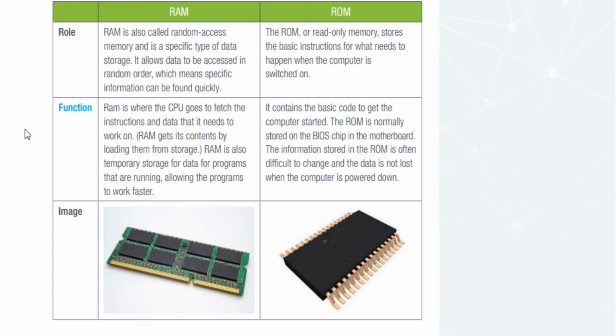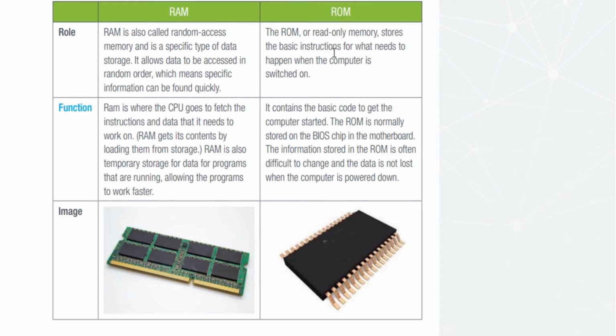It allows data to be accessed in a random order, which means specific information can be found quickly. RAM is where the CPU goes to fetch the instructions and data that it needs to work on. RAM is also a temporary storage for data for programs that are running, allowing the program to work faster.